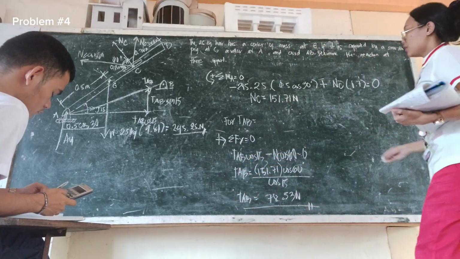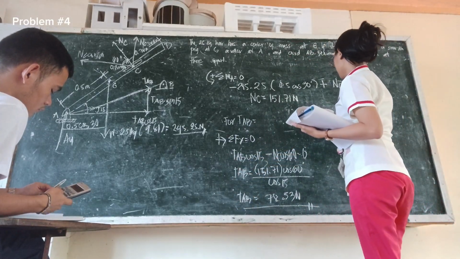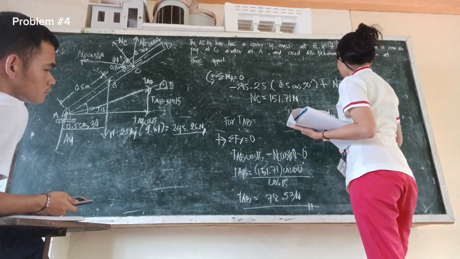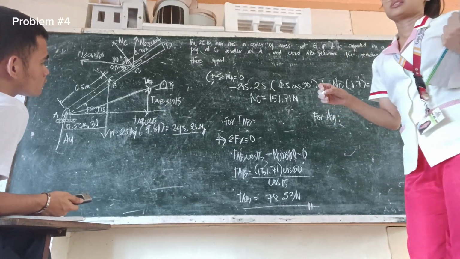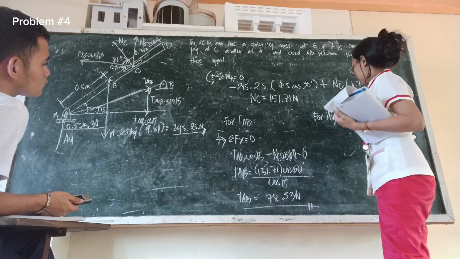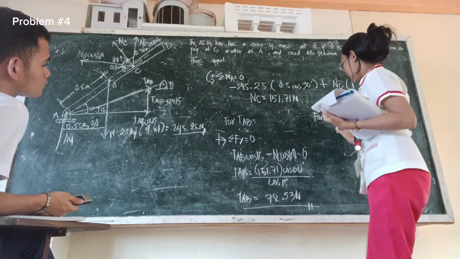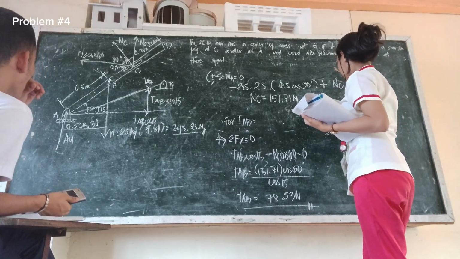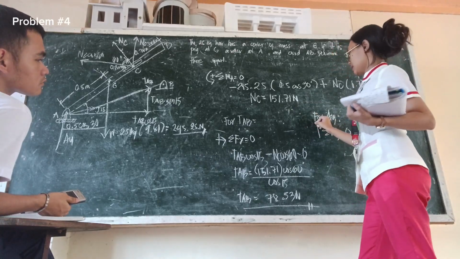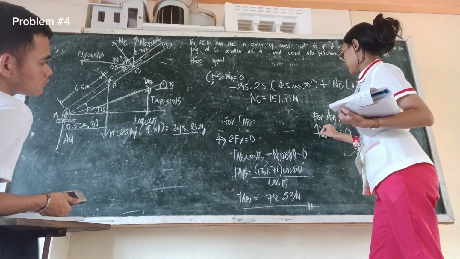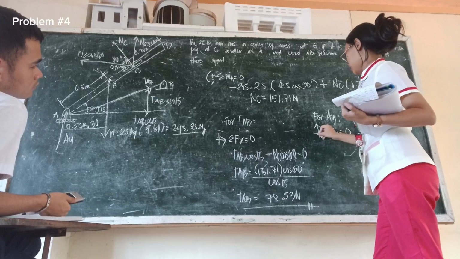And to solve for AY, all we have to do is sum all forces that go in the y direction. The summation of forces y is equal to 0, assuming positive upward direction.